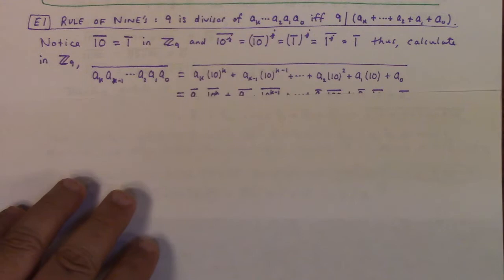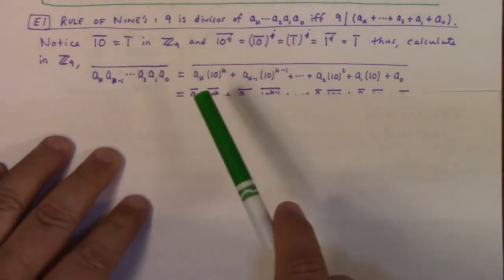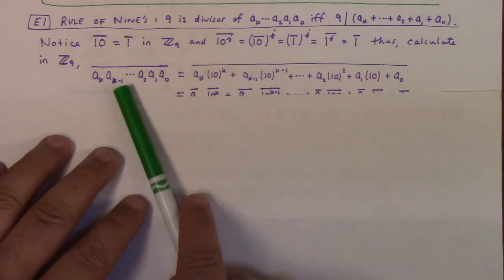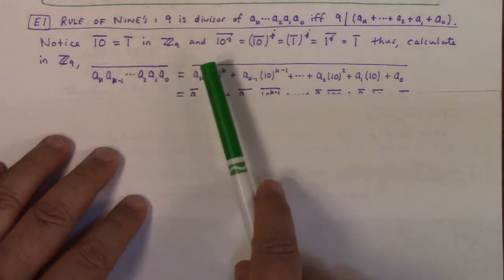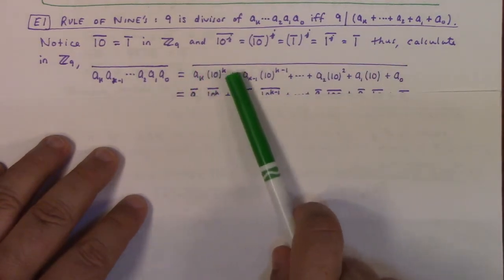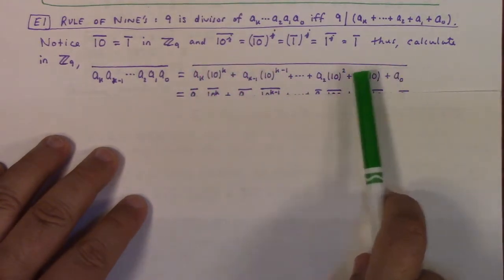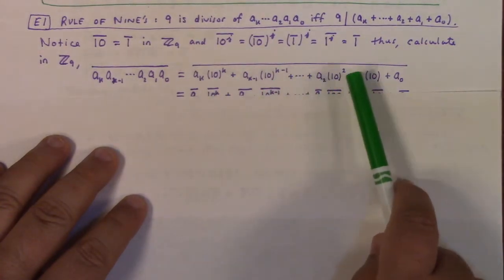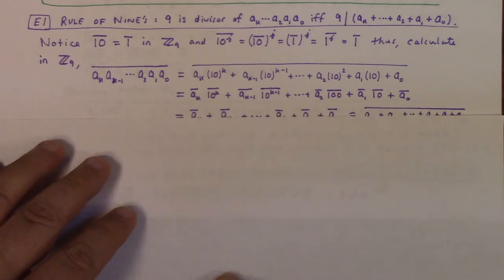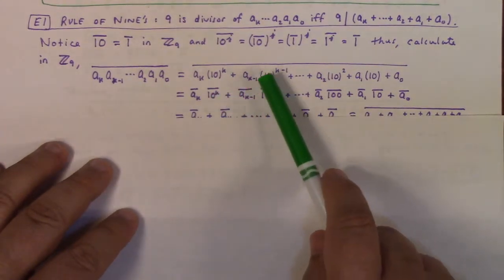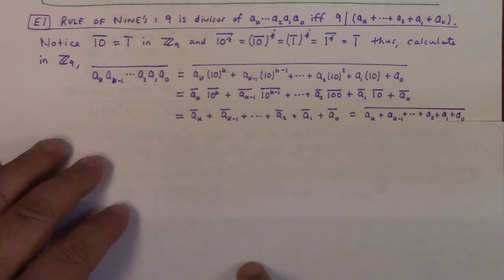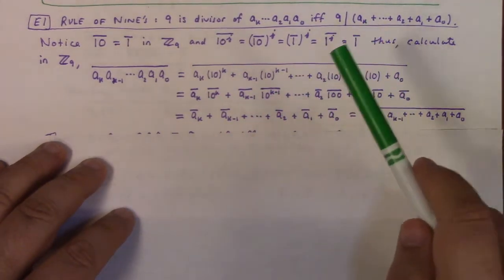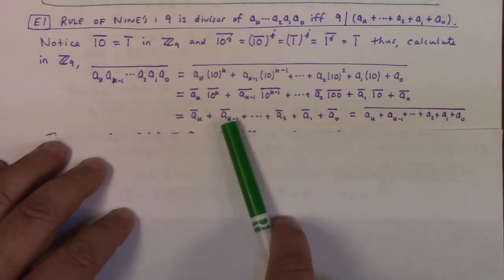So if we calculate the equivalence class of the number with decimal expansion a_k through a_1, a_0, we're calculating this quantity in Z_9. But remember, 10 to any power is congruent to 1, so using properties of modular arithmetic, first of all it breaks into the sum of the products, and then all of the tens just go to 1, so you get this plus this plus this plus that.